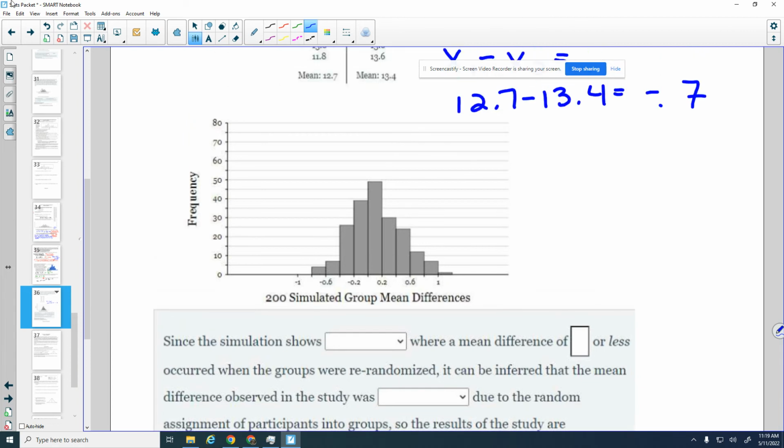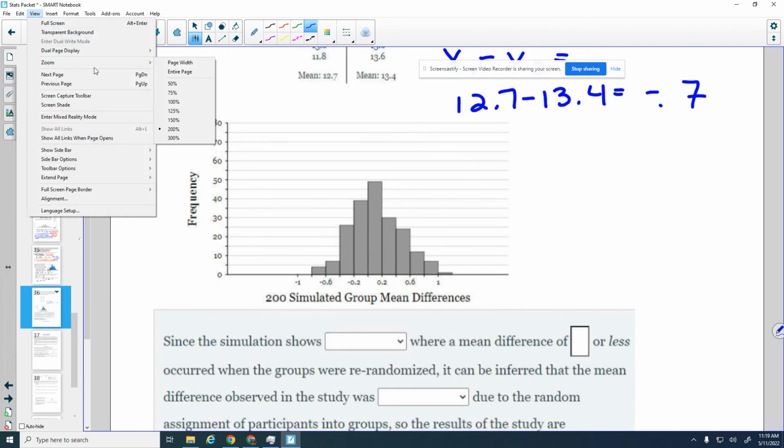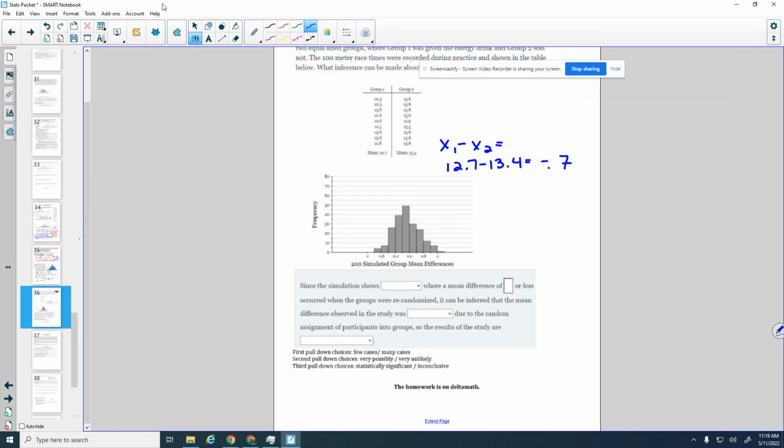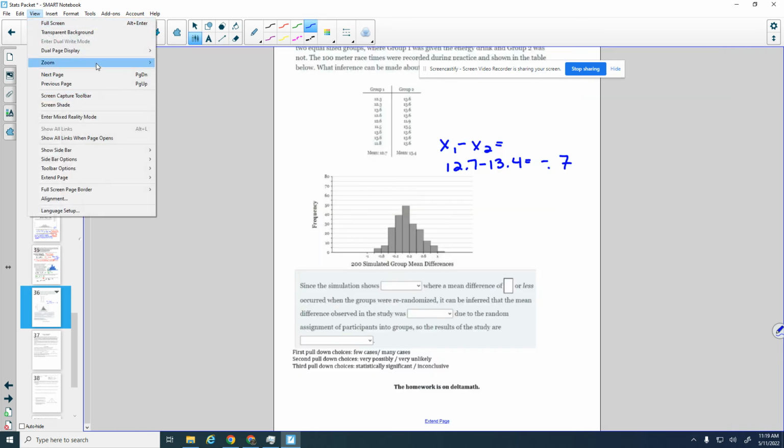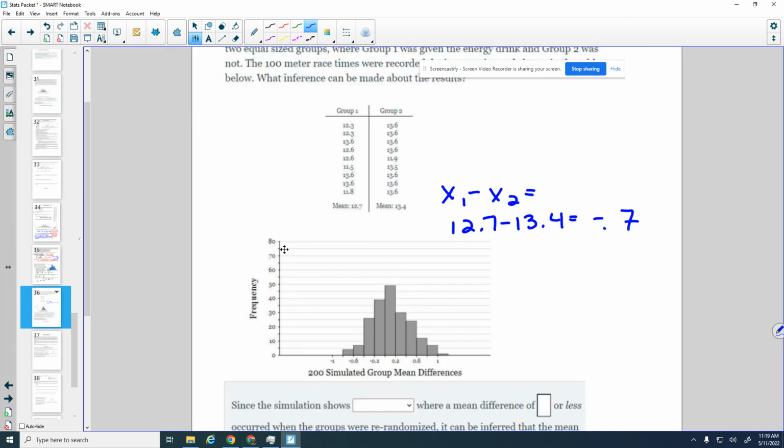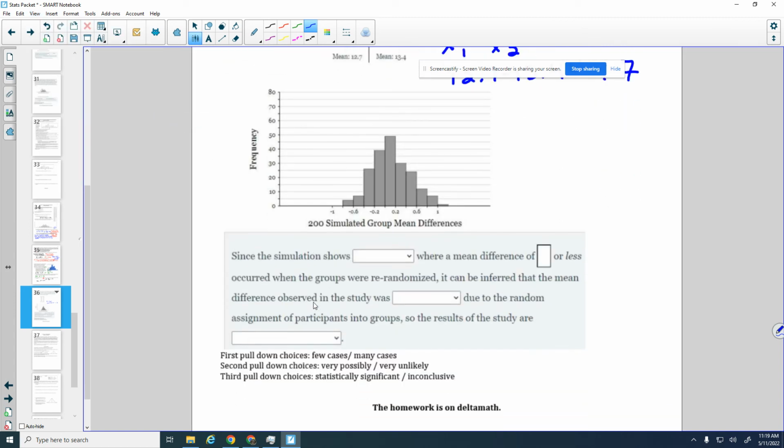This is a little more general than what we were just doing in terms of calculating p-values, and you'll see that from the question. Let me just get a good zoom so we can see it well. Okay, this should be good. So here are our choices. First off, negative 0.7 on my graph is going to fall right about here. So that's my second line, okay?